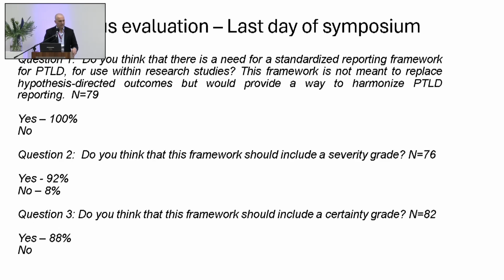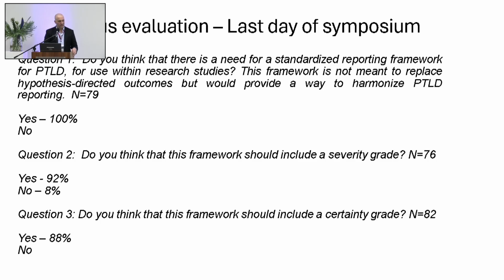So at the end of it, we phrased it a little differently. After workshopping, we thought of this two ways: that there would be a definition, but really there would be standardized reporting, so that in addition to defining PTLD for research studies as something you could include, we would also have a reporting framework where you could capture some things about the study so that you could be a little bit more transparent about when patients were assessed and what types of analyses were done.